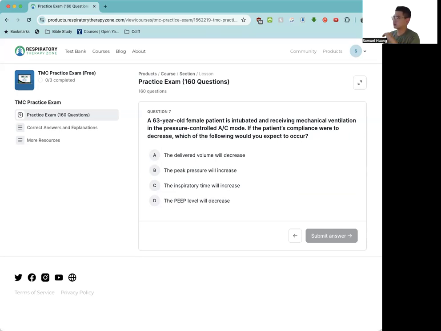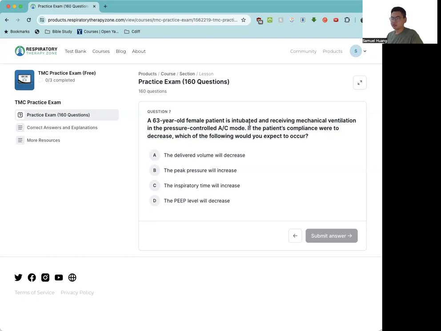Okay, intubated, pressure controlled AC mode. You always think that when they're getting pressure control, there's probably going to be a problem with the volume, because when you control one thing, the other thing is probably going to be problematic.